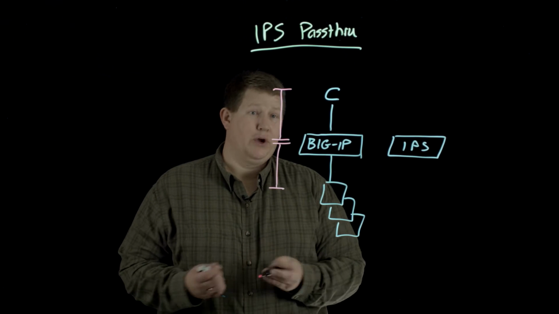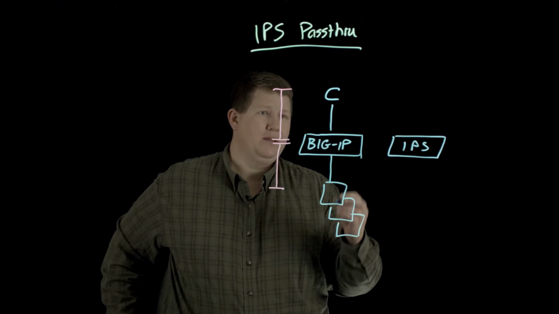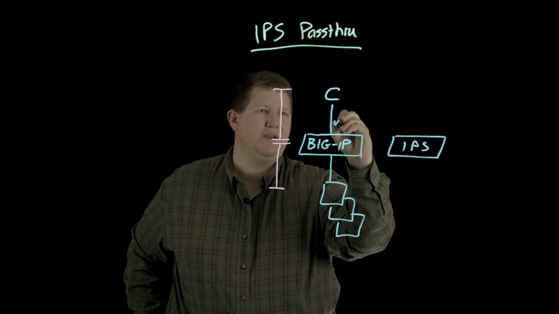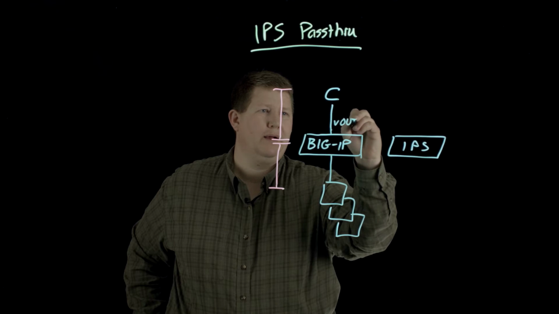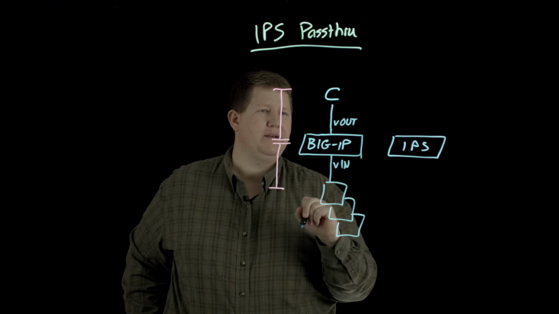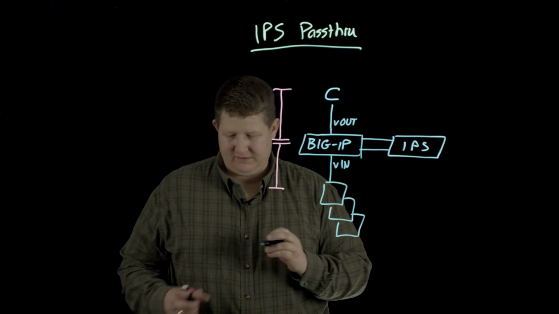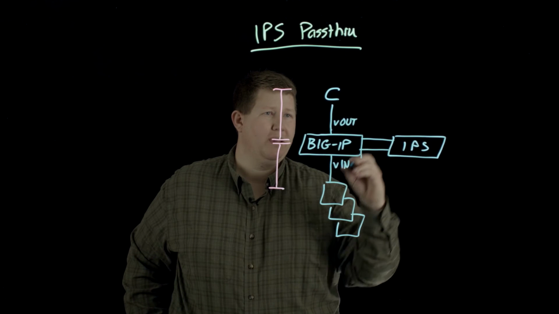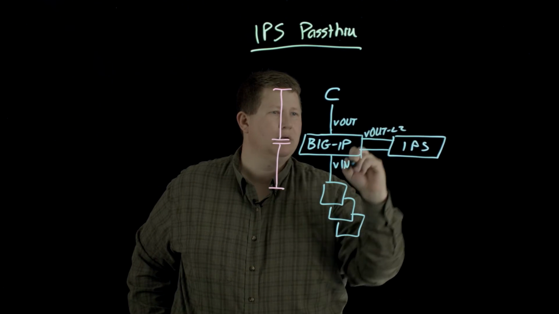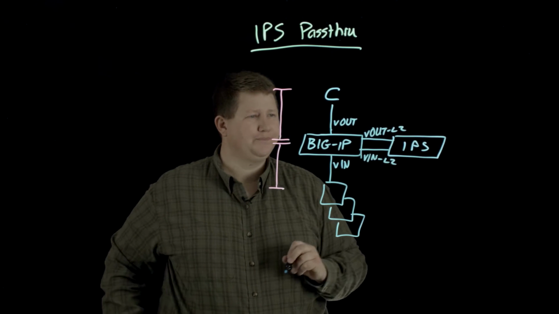One solution for that, which we'll detail here, is that we have an outside VIP here. Let's just say this is VLAN outside, and then this is VLAN inside. Then we're going to set up two VLANs to the IPS, V out L2 and V in L2.